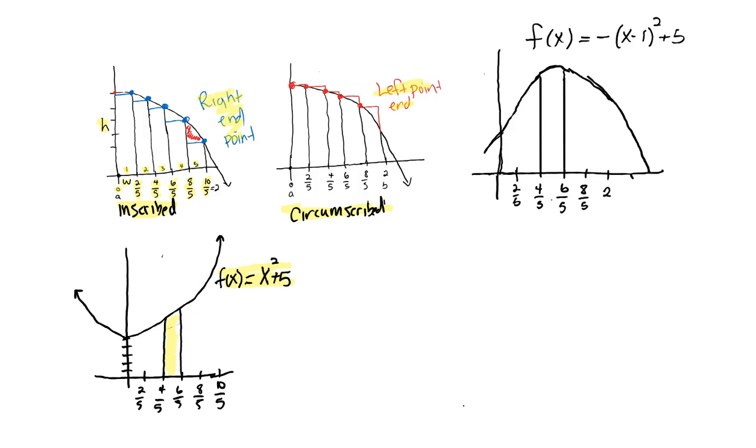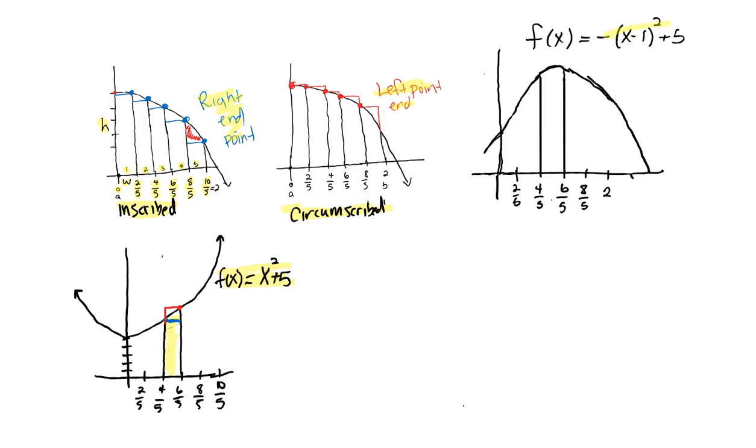So I would use this left endpoint to mark out the height because it is the lower y value. So I don't want you to get stuck on always using right endpoints for inscribed, because it really depends on the curve. And you can see here the higher y value is on the right endpoint, and that would give you the circumscribed rectangle.